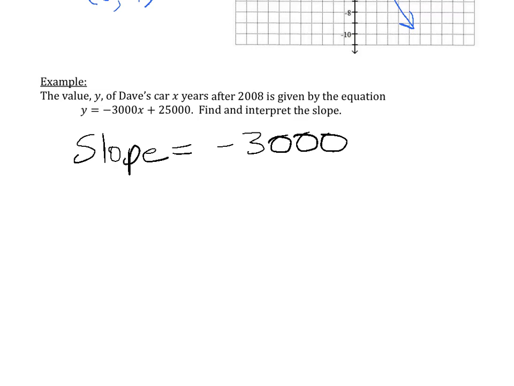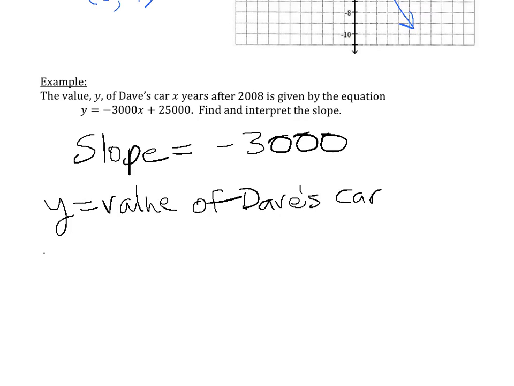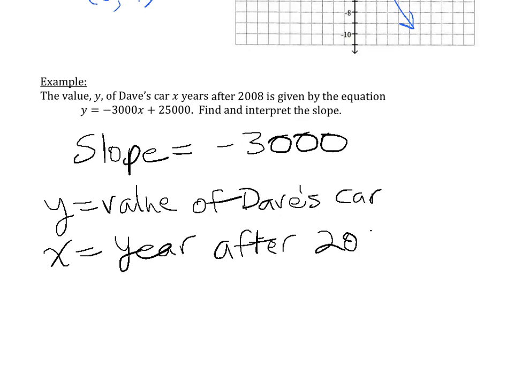And now what I want to do is interpret what that slope means. Well, back when we first started talking about slope, we said that your slope explains the change in y given a 1 unit change in x. Remember, your y in this example is the value of the car, and x is the years after 2008.